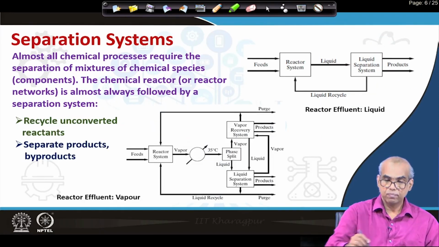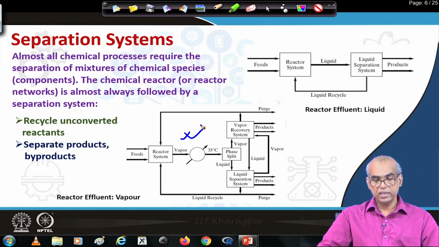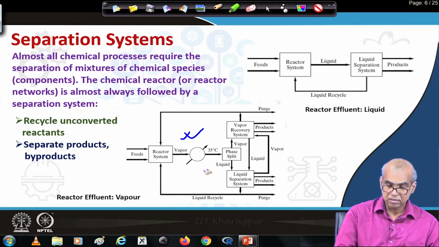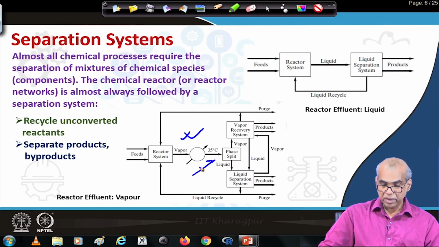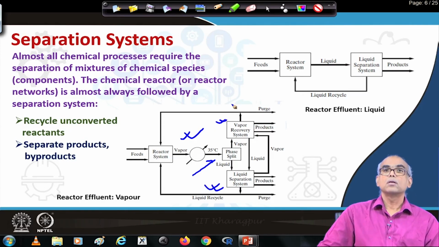You can also have a vapor effluent from the reactor which can be phase split, and the liquid stream can go through a liquid separation system and the vapor phase can go to a vapor recovery system.